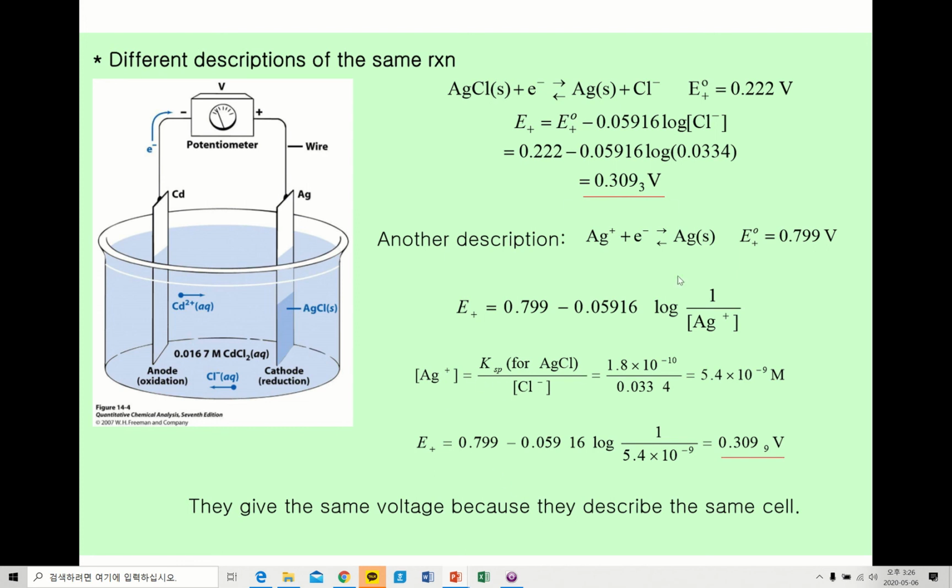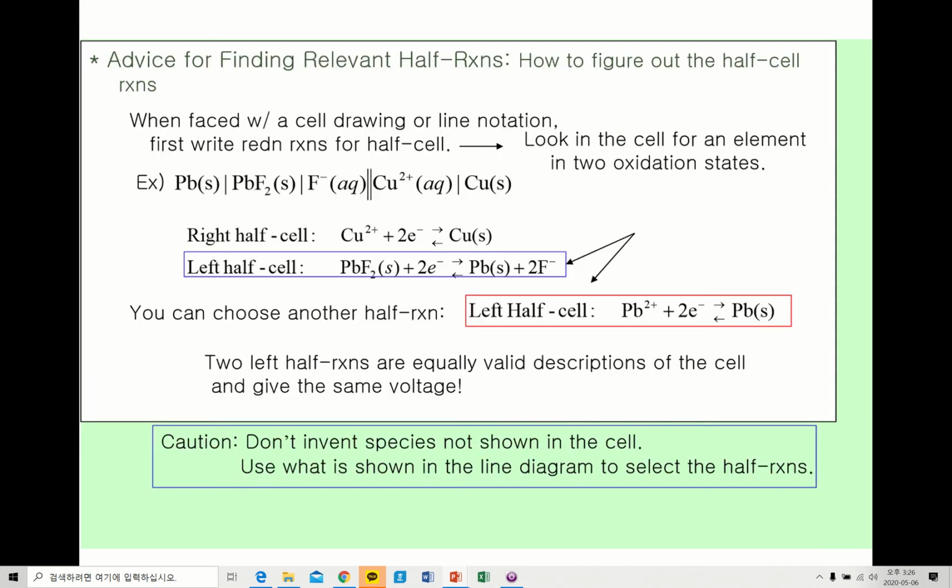This example shows that using Ksp we can calculate the electrode potential, but once we know the electrode potential, conversely we can calculate Ksp. You see, which is very useful.